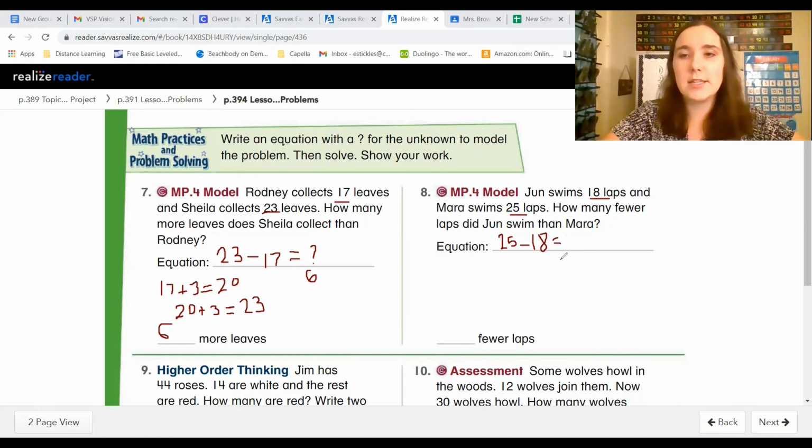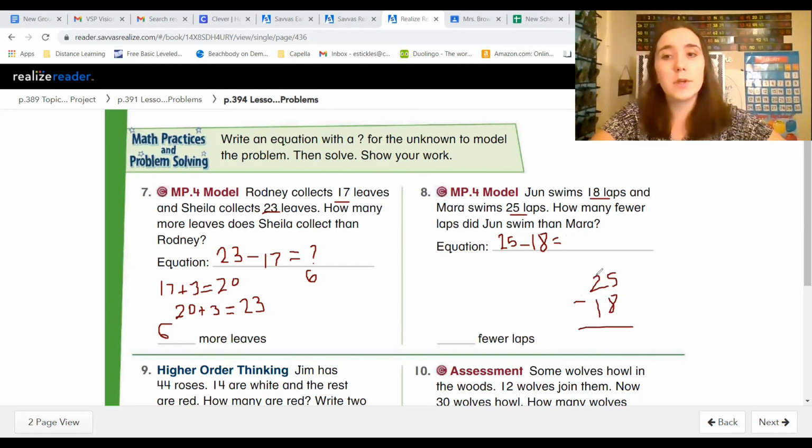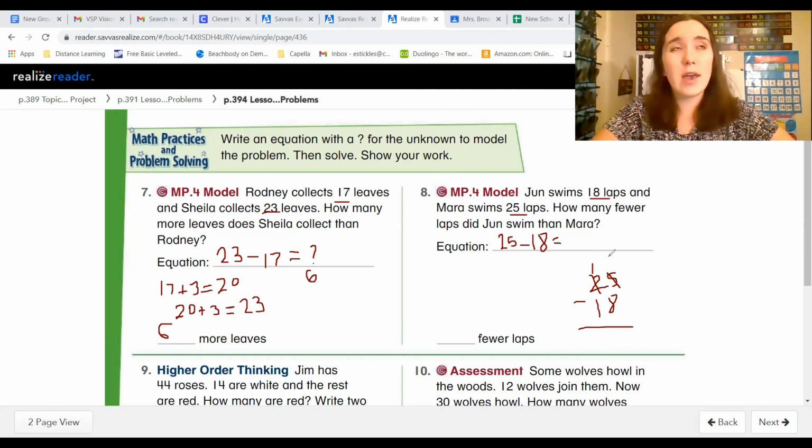So 25 minus 18. I'm going to stack up my numbers. I'm going to do 25 minus 18. Now I already know that I can't take 8 from 5, so I'm going to regroup. I'm going to borrow one of my 10s. So I have 1 left, and then if I bring 10 ones over to my ones, I don't have 5 ones. Now I have 5 plus 10 more, and I know that 5 plus 10 equals 15 ones.